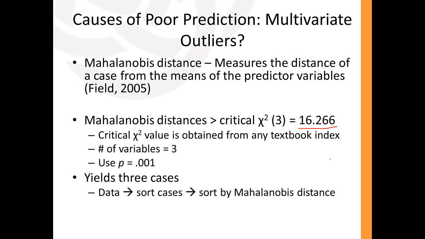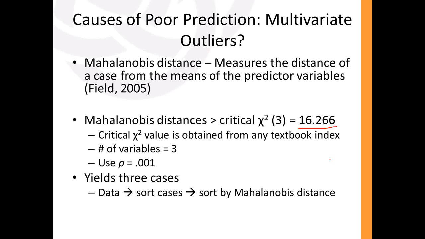So with our specific research question, we have 3 predictors. And these 3 predictors dictate that we find a critical value above which the Mahalanobis distance is deemed to be a multivariate outlier. With 3 predictors, we end up finding that value is 16.266.